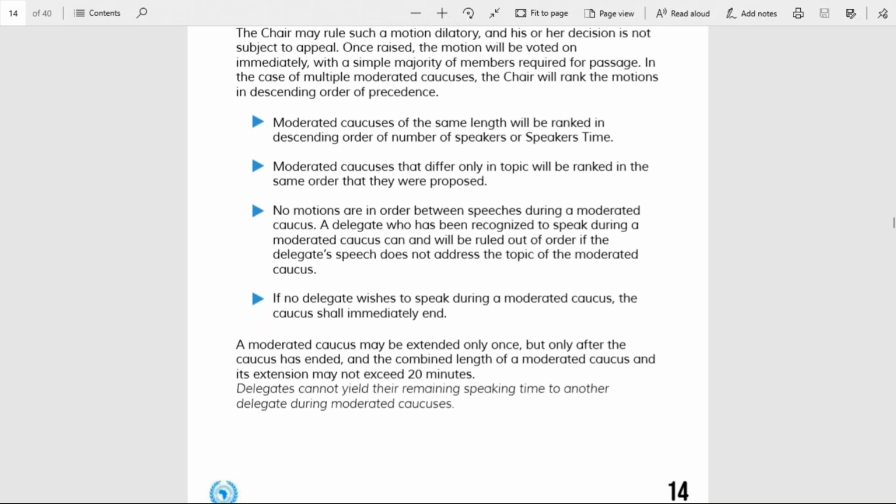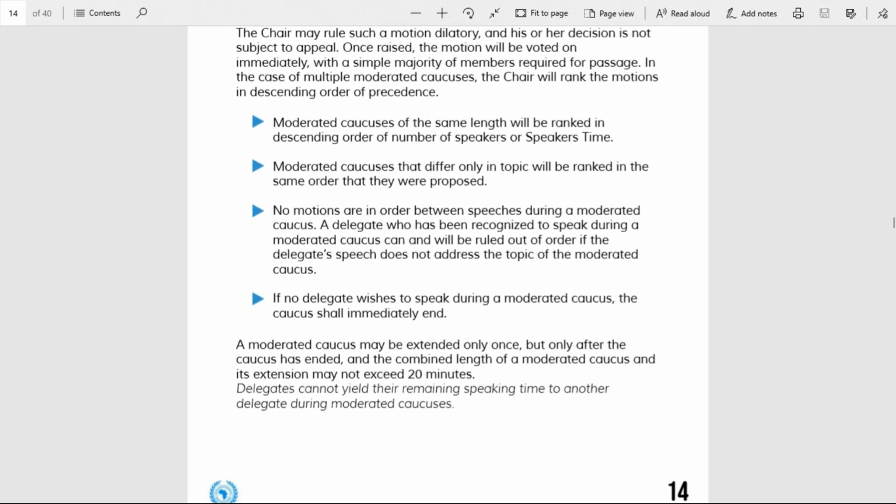When you've raised a motion and it's voted for, and there were other motions, then the others automatically fail, and you move into the caucus that was voted for by a simple majority in the room. Moderated caucuses that differ only in topic will be ranked in the same order as they were proposed.